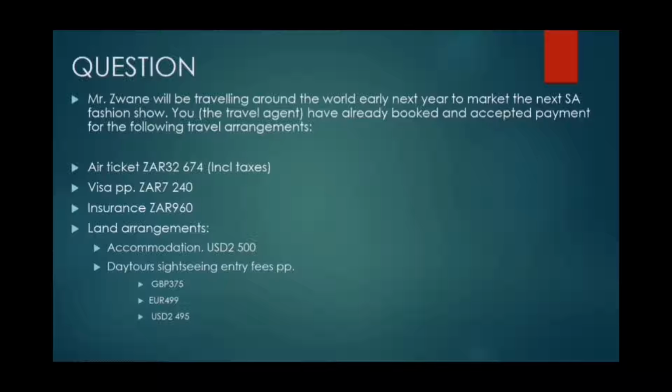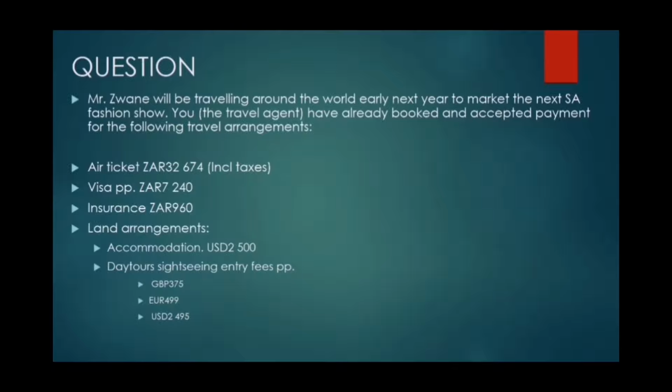So here we see Mr. Zwane paid for the air tickets, his visa per person, and insurance, and then he has land arrangements. Under land arrangements, he has accommodation at $2,500, and then he has day tours and sightseeing entrance fees per person in various currencies as well.